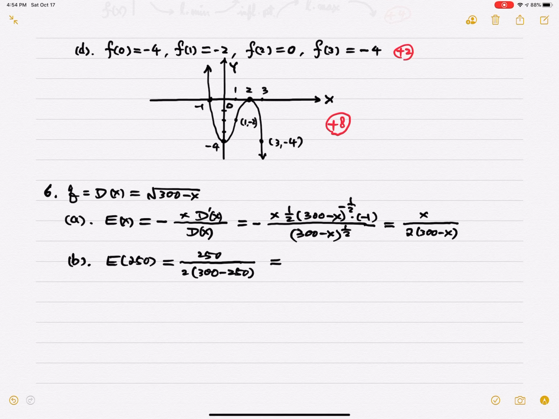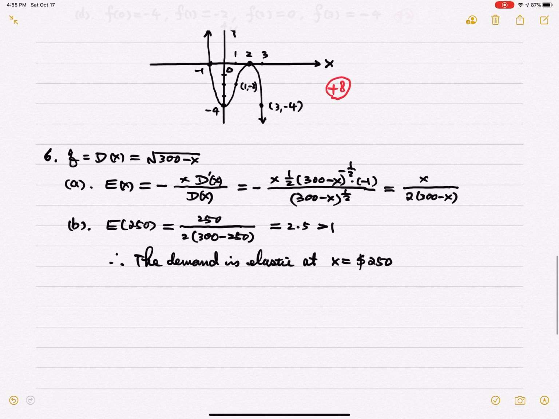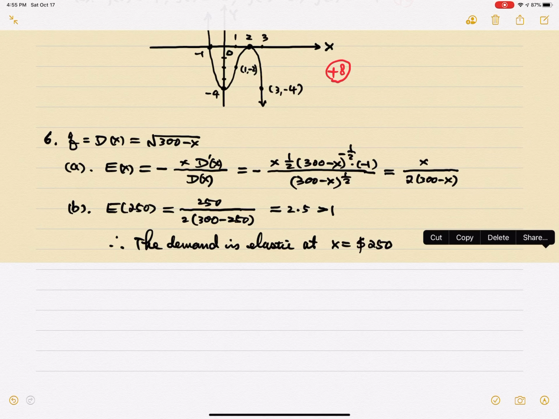So 250 divided by 100 is 2.5. 2.5 is greater than 1, and this implies that, therefore, the demand is elastic at x equal to 250. Which means if you increase the price, the revenue should be decreasing.